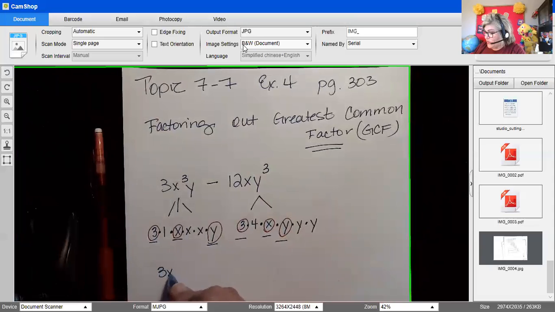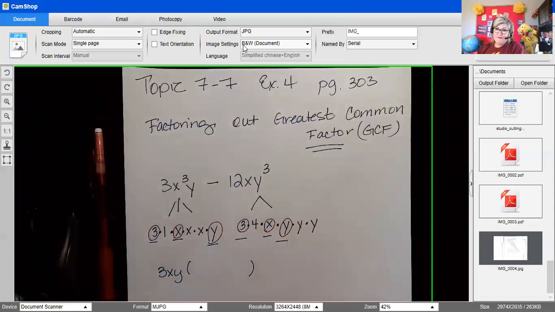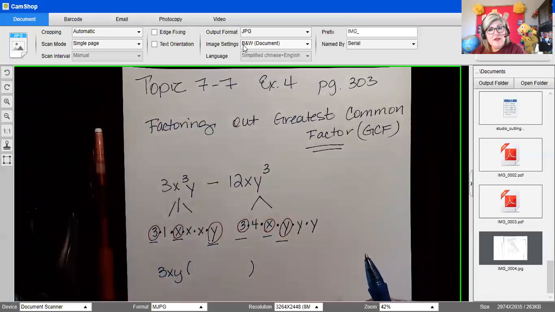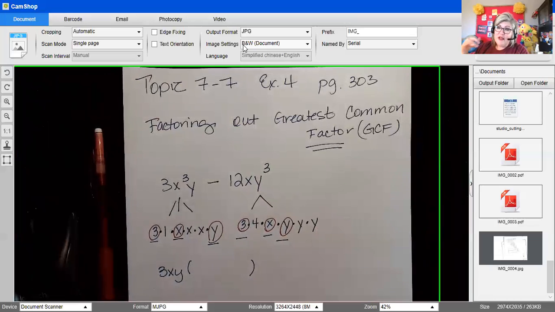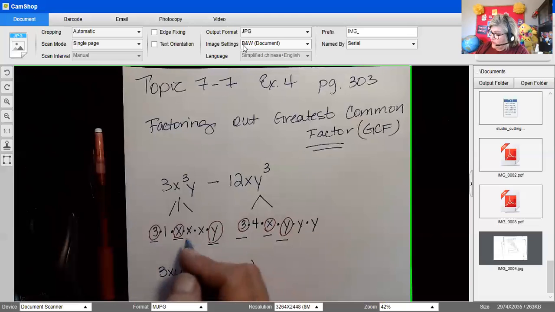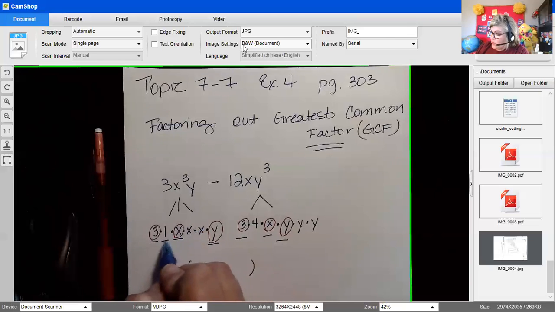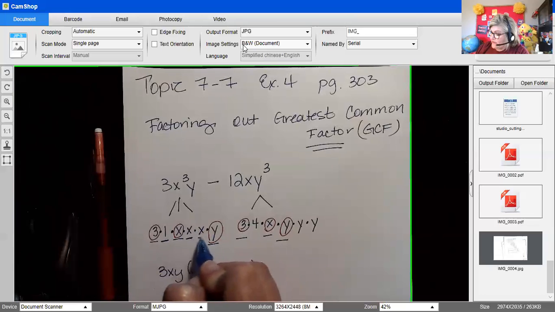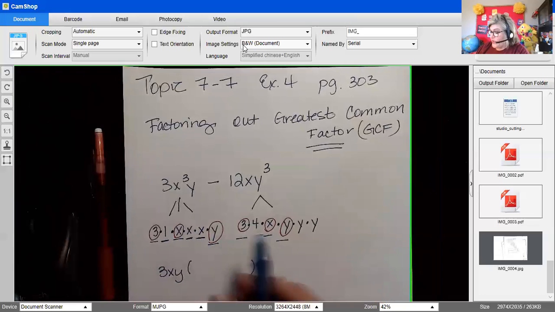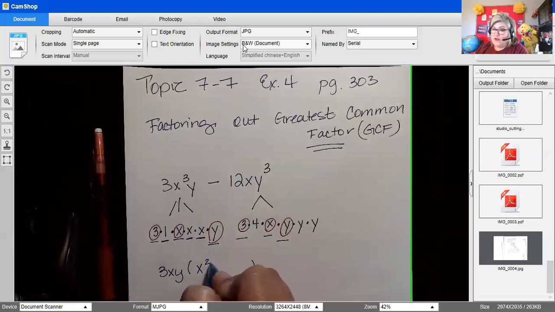When we say we're going to factor it out, it just means we're going to put it on the outside of the parentheses. What goes on the inside of the parentheses is everything that's left. So on this first term, we have the 1 and we have 2 x's, x times x. That 1, when we write x squared, is understood, so we don't have to include it.